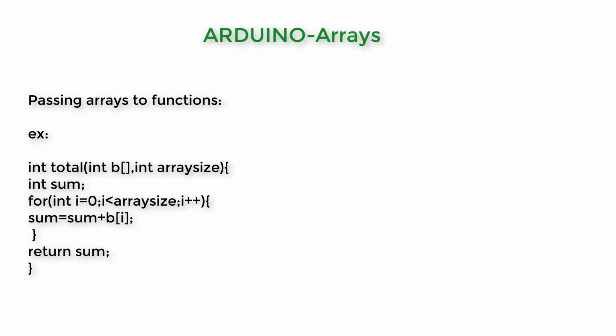In this example, we have a function named int total, and in the parentheses we have an input array B and the size of the array as the arraySize variable. Inside, we have a result sum of int data type, and a for loop where the elements of the input array are added and put into the variable sum, and that sum is returned back to the calling function.